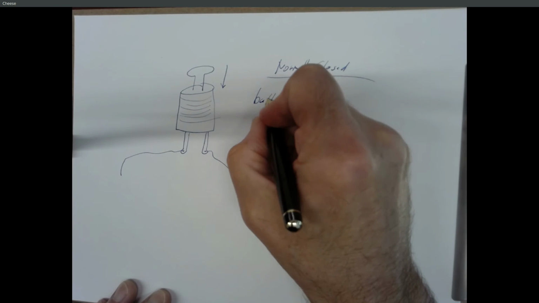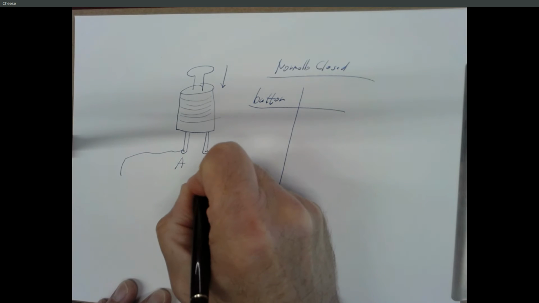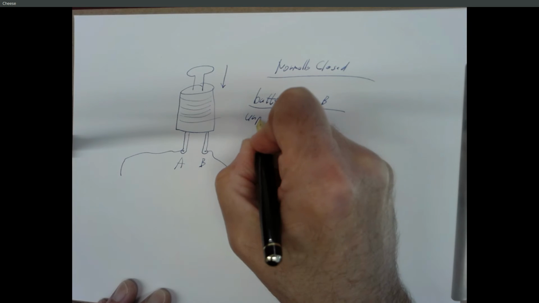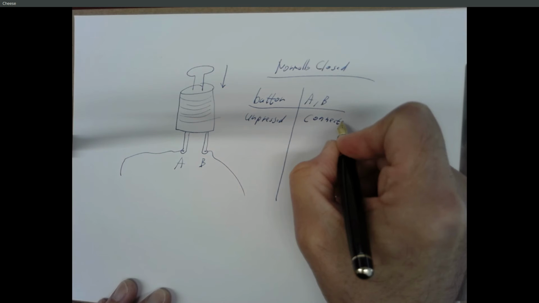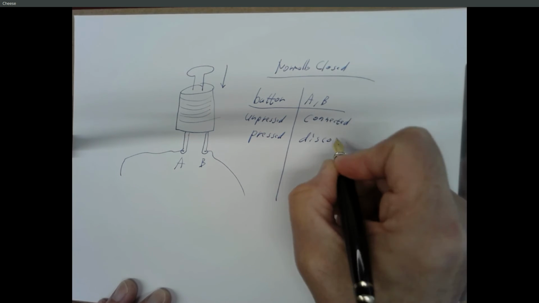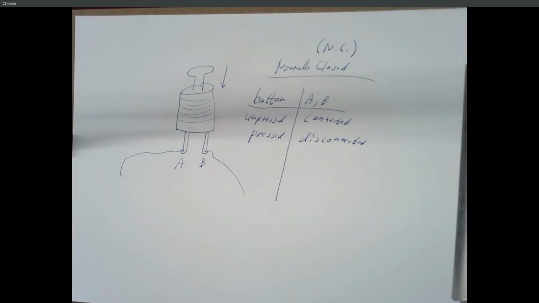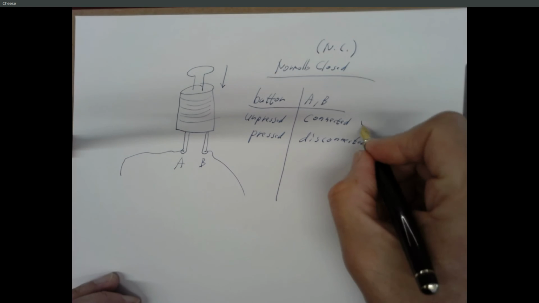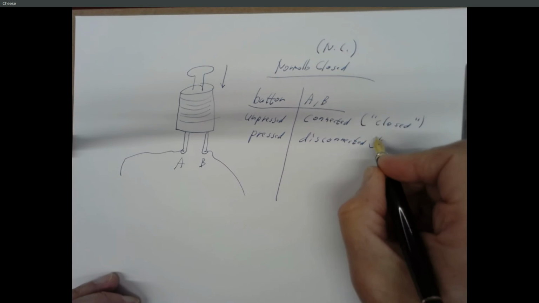And let me label these 2 leads A and B. So if the button is unpressed, then A and B are connected. And if the button is pressed, then A and B are disconnected. And this is just called NC, normally closed. Closed is the same as connected. And open is the same as disconnected.